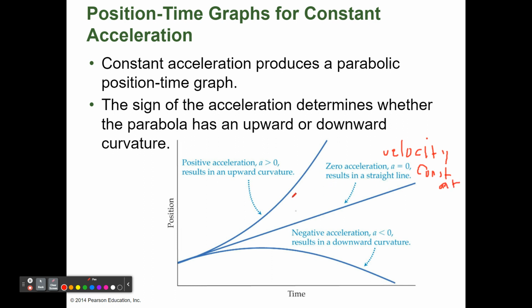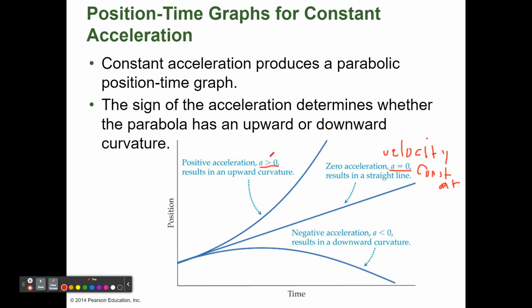And these other two, these parabolas, these curved lines, are where we have velocity changing, and therefore we have acceleration. So you can see if the velocity is constant, acceleration is zero. If velocity is not constant, then acceleration is not zero.